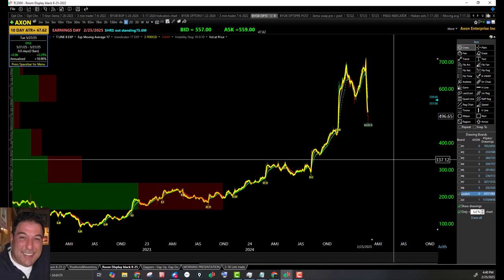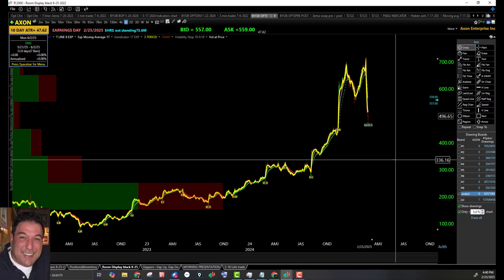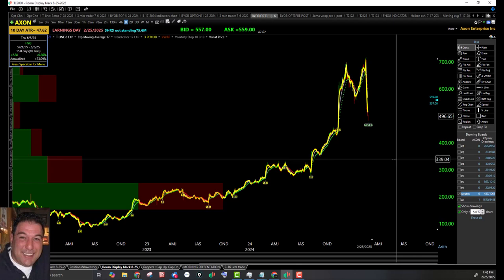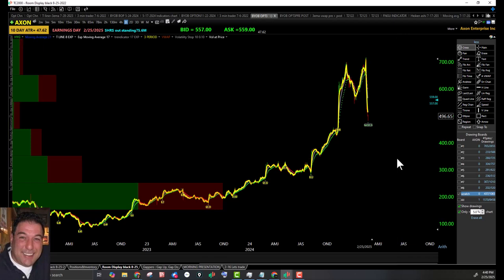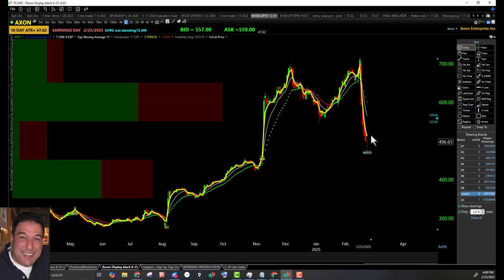The closest support is way down here, 340, and I wouldn't short it. It's way too far down. I would look for a pullback and a rollover somewhere in here. If you got the short, today's a good day to take some profit.